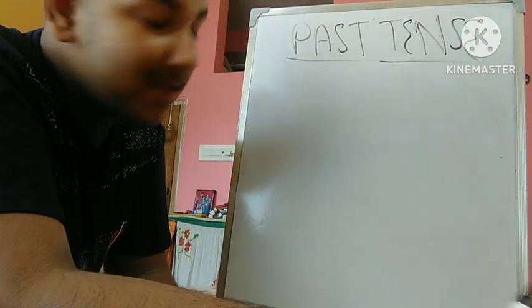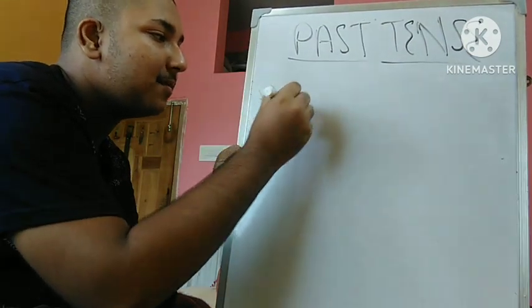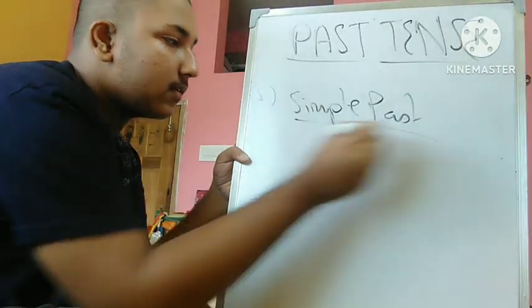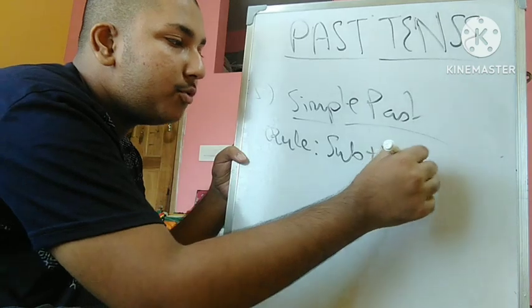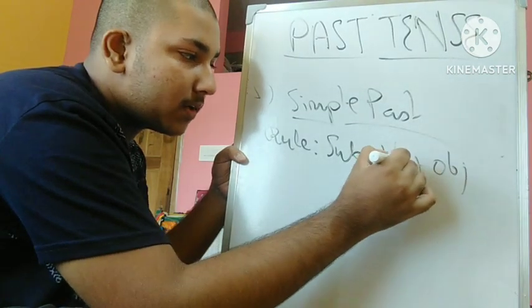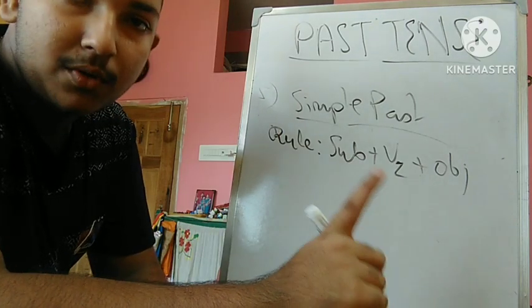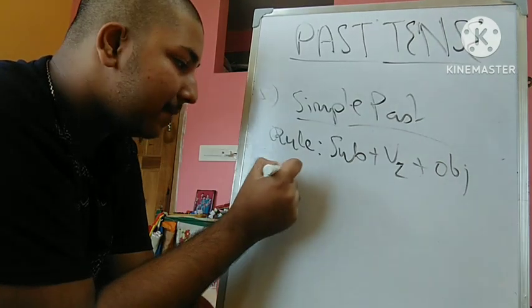Now we get into the past tense. First, simple past. Rule is subject plus v2 plus object. Let us take an example.